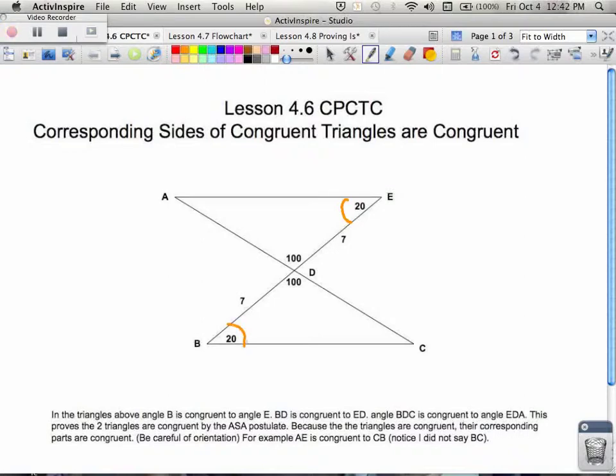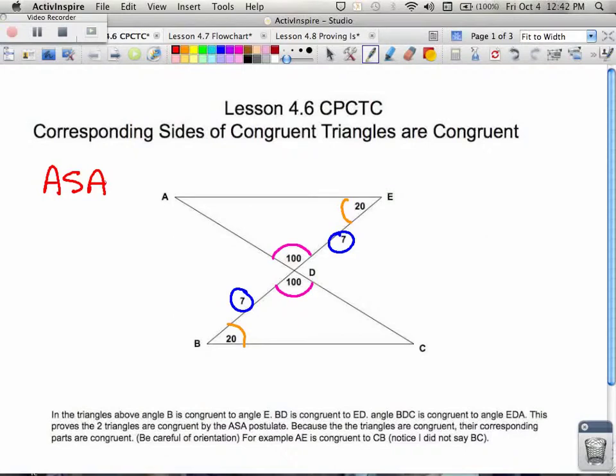We see that our side that's 7 units long is matching up with our side that is 7 units long. And through vertical angles, we see that the 100-degree angle and the 100-degree angle are matching up. What we notice then is that these two triangles are congruent by angle, side, angle.